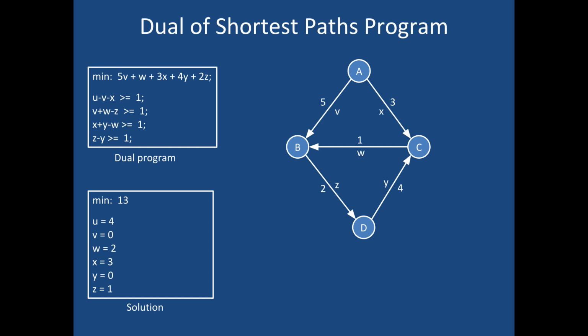So we use the edge from A to C once, we use the X edge once, and we use the W edge once in getting from A to B. What about the shortest path from A to C? You use the X edge once. And then the shortest path from A to D, you would use the X edge, the W edge, and the Z edge. This is just telling you how many times you use each edge for all the vertices.